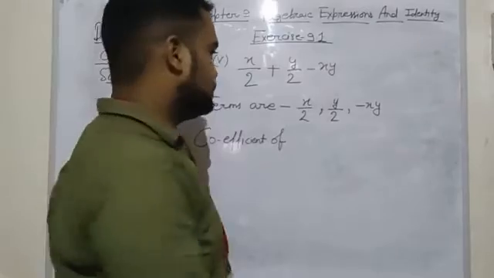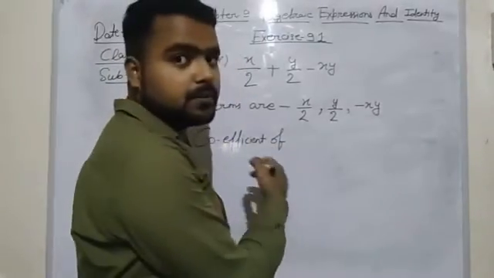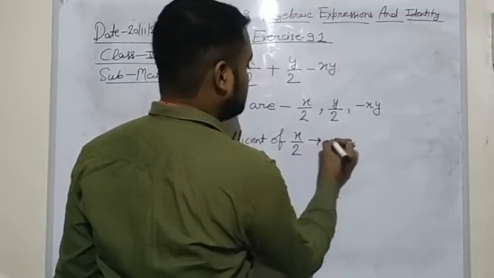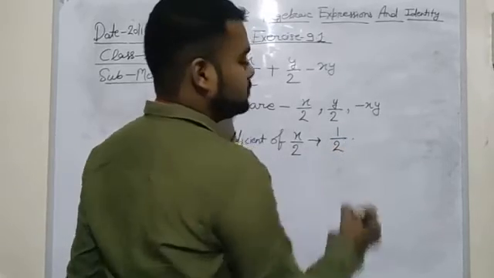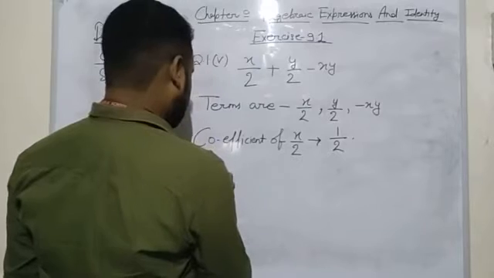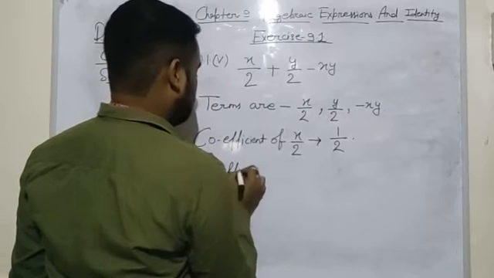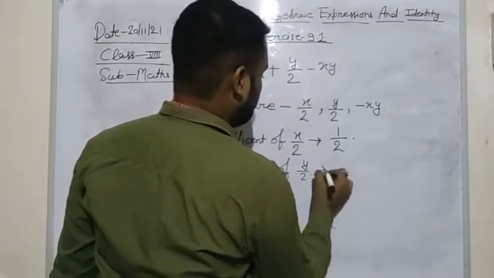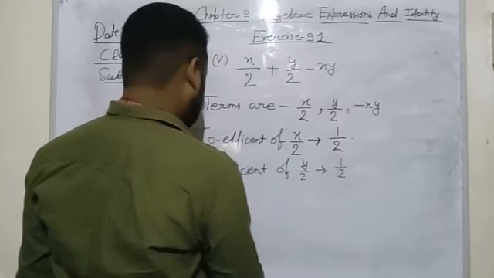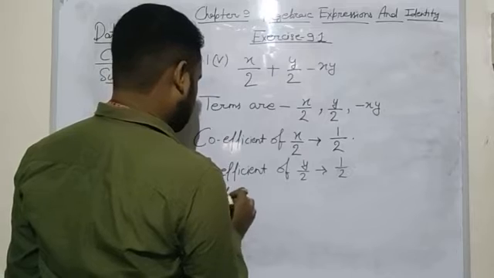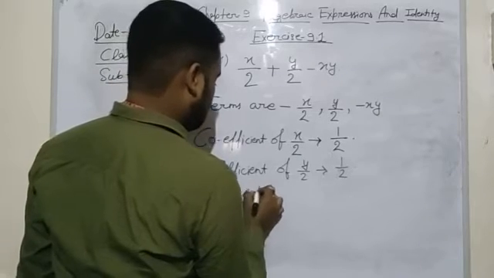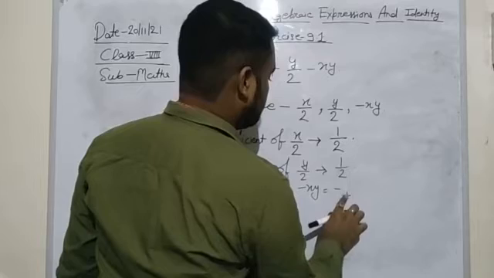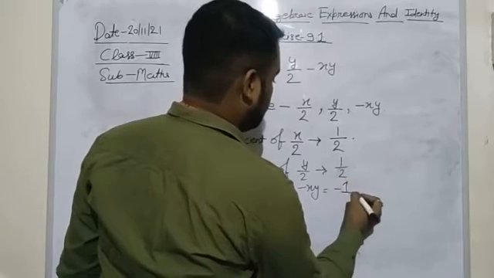Coefficient of the first term x by 2 is 1 by 2, coefficient of y by 2 is also 1 by 2, and coefficient of minus xy is minus 1.